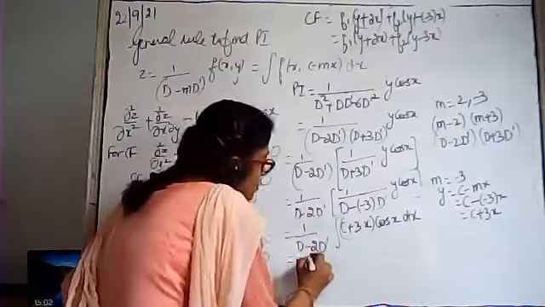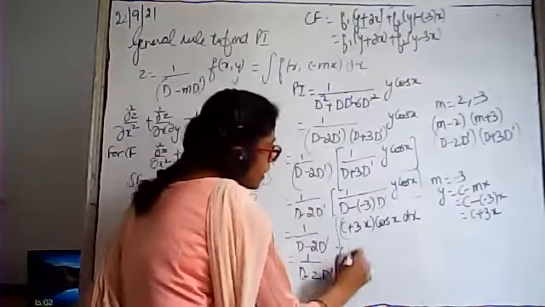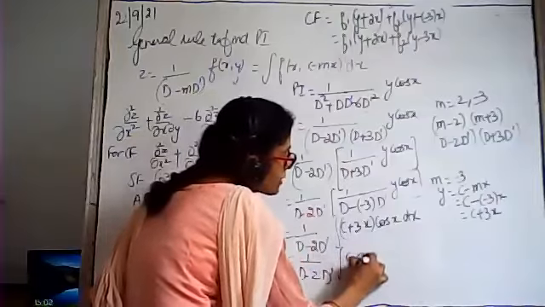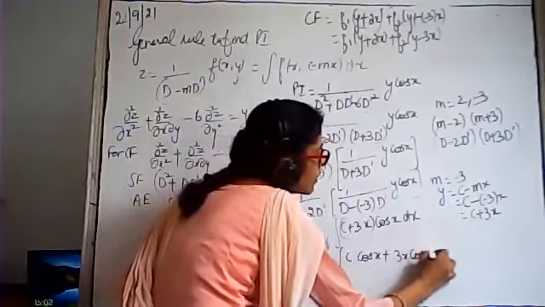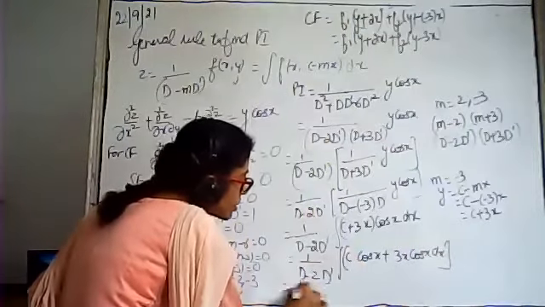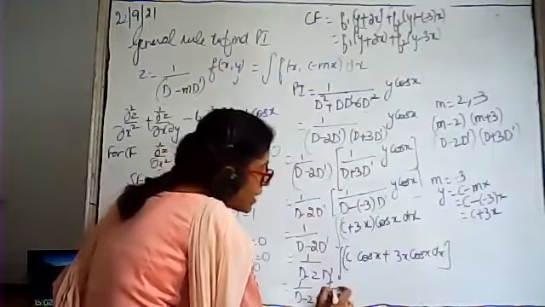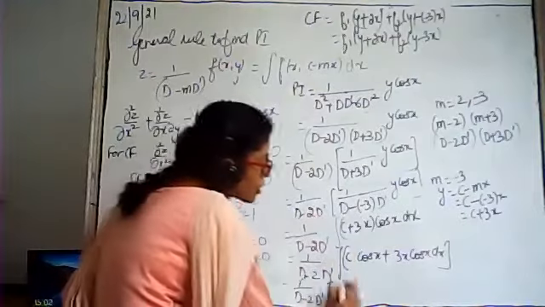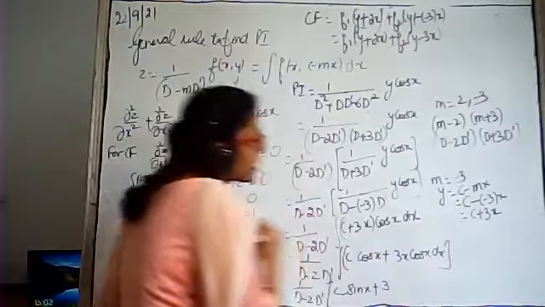Now integrate this. 1 upon d minus 2d dash will remain as it is. Open the brackets: it will be the integral of c cos x plus 3x cos x dx. So this is equal to 1 upon d minus 2d dash, c will remain as it is, integration of cos x is sin x, plus 3 will remain as it is.